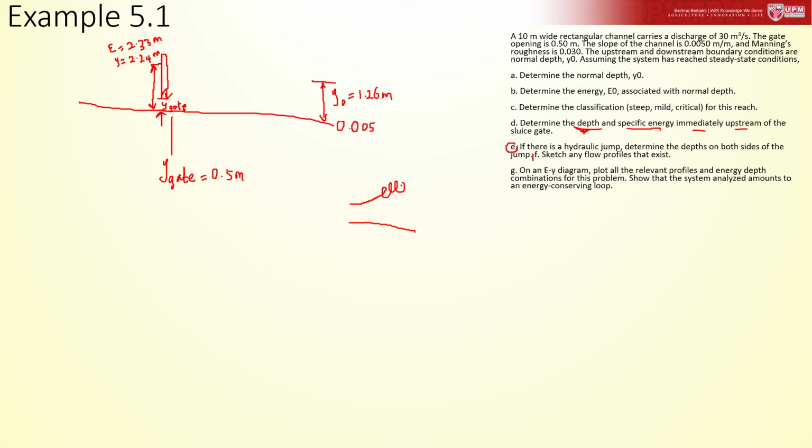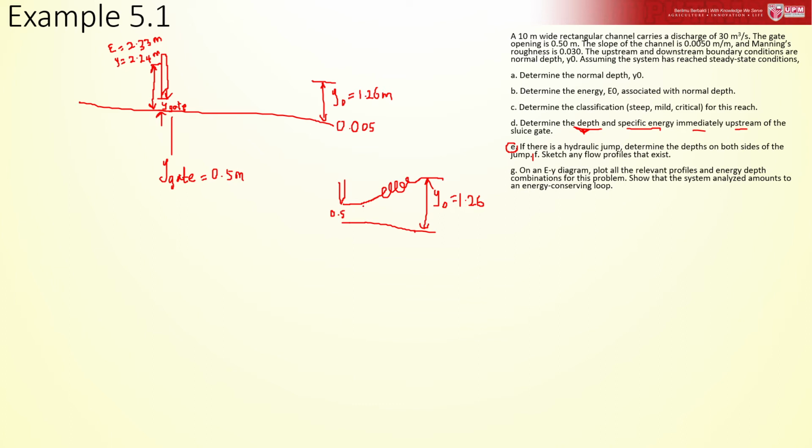This is the hydraulic jump, and then it comes back to subcritical flow, right? Subcritical flow, in this case, y normal is given as 1.26.